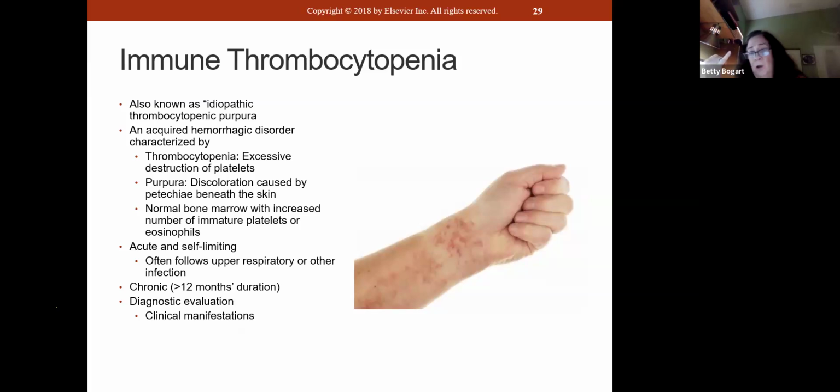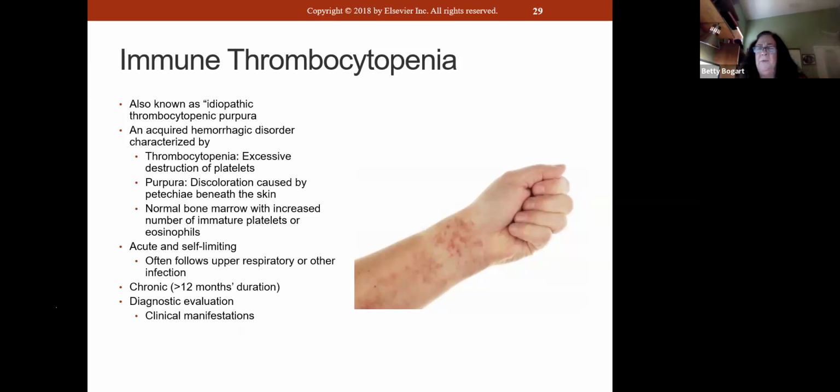Thrombocytopenia, that's the name for low platelets, usually less than 20,000. It should be well over 100,000. And then you're going to see purpura, discolored purple areas, petechiae, and ecchymosis and all those. Sometimes, believe it or not, it's a nosebleed, epistaxis, that alerts us that it's ITP that's going on. Again, epistaxis, nosebleeds, is bleeding, right?